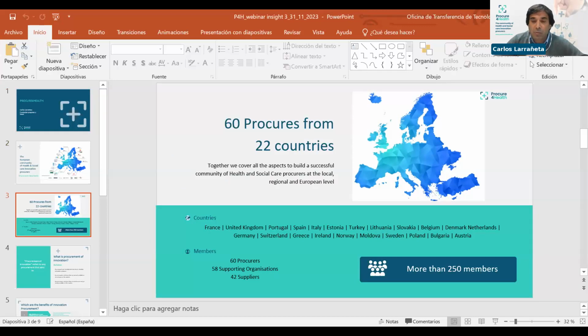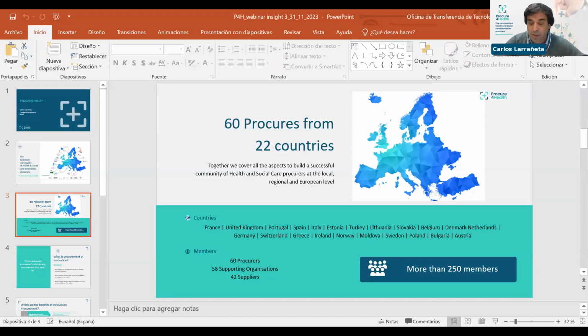Let me clarify, when we say procurers, we are talking about health and care services providers, but the typology of the procurers under the procurement frame is anything but homogeneous.